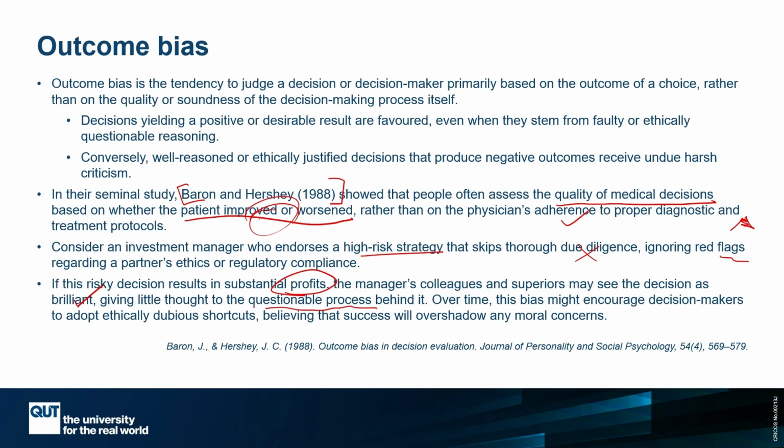Over time, this bias can very well encourage decision-makers to ignore ethics, to adopt shortcuts, particularly if it's going to result in success. This, of course, is one of the common criticisms of modern business, that they're all after profit and the outcome. So this is a particularly pernicious bias that we want to be aware of in business.